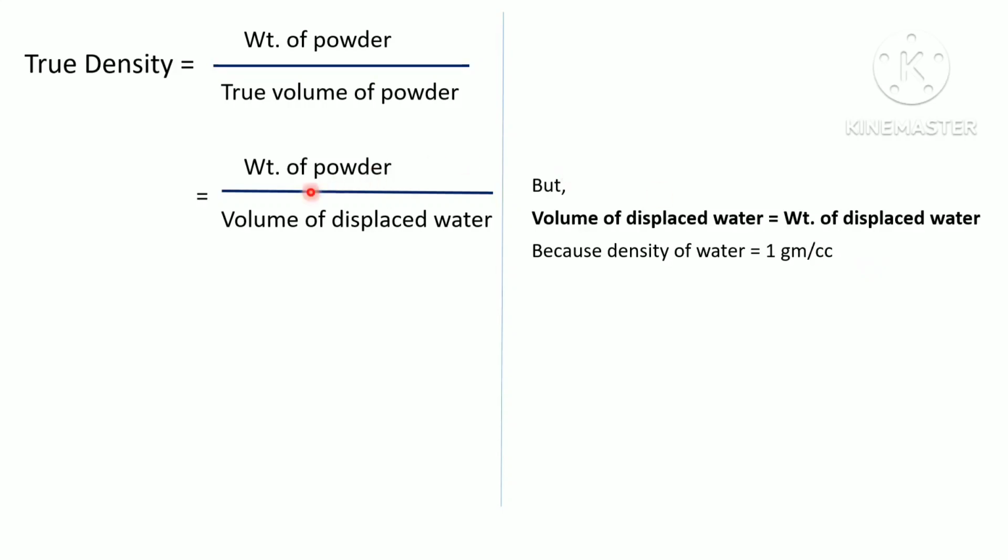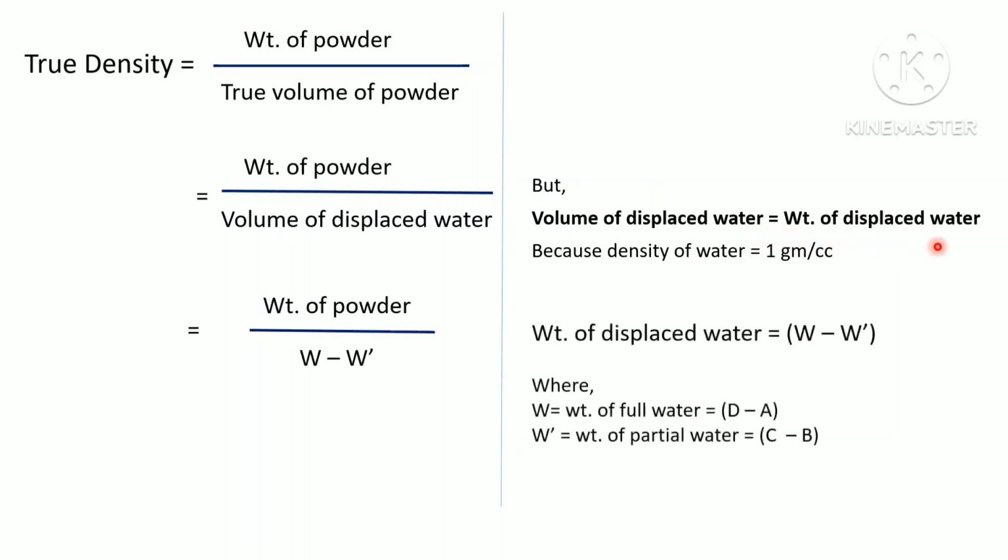So here we can replace the volume of the displaced water with this formula, W minus W dash, or full water minus partial water.